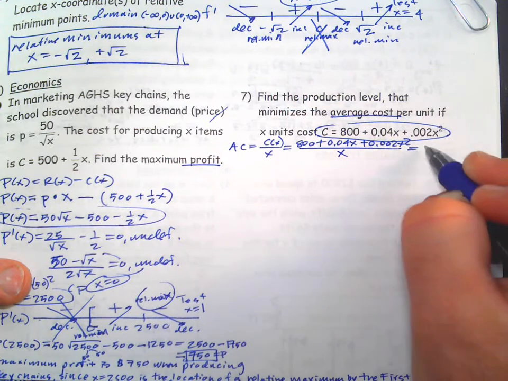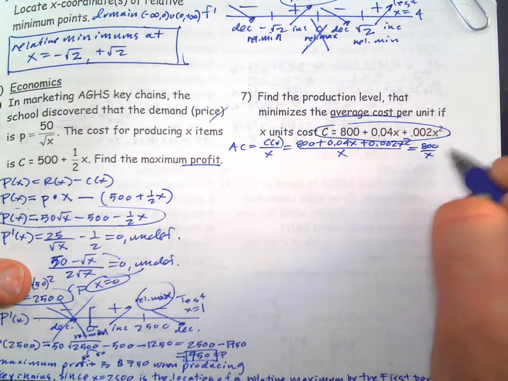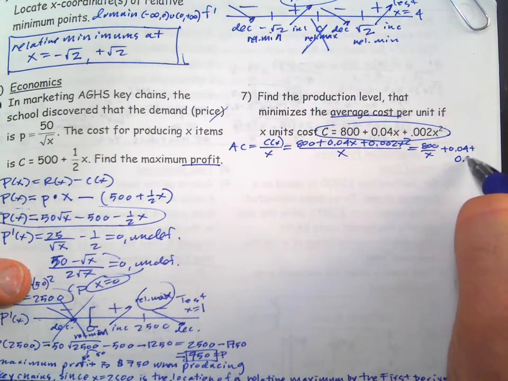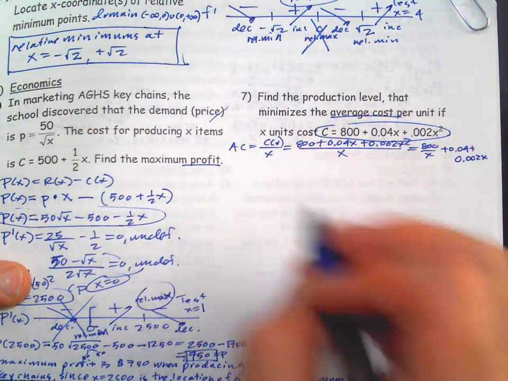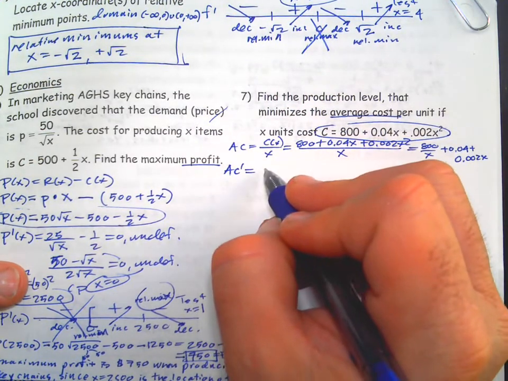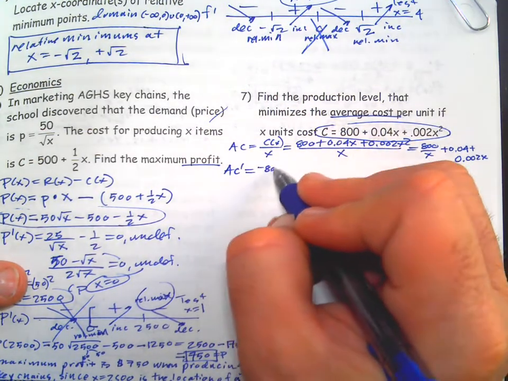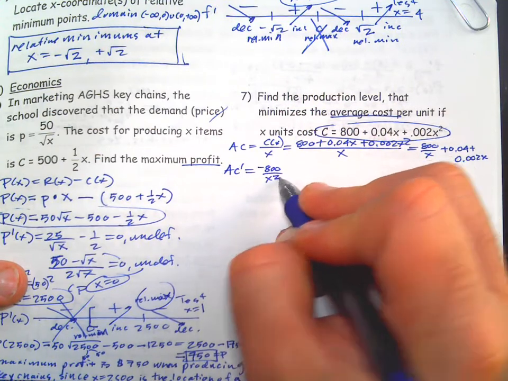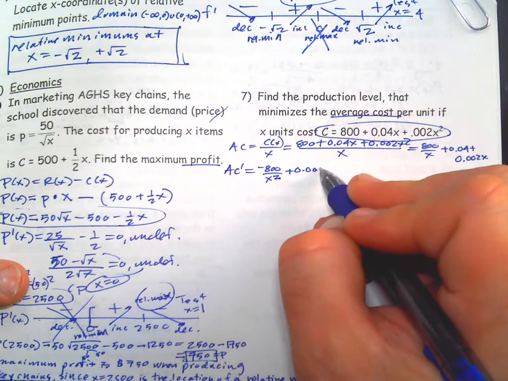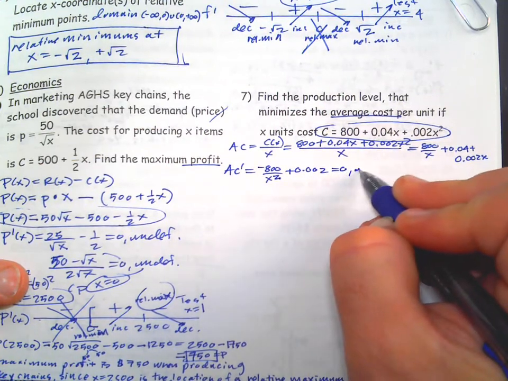So it's going to be 800 over x plus 0.04 plus 0.002x. Then we're going to take the derivative of that, and it's going to be negative 800 over x squared plus 0.002. We're going to set it equal to 0 or undefined.